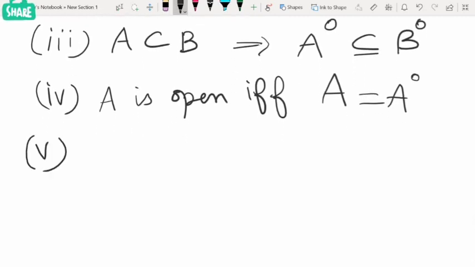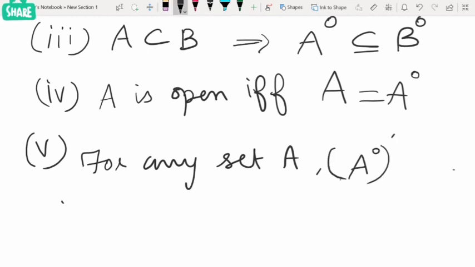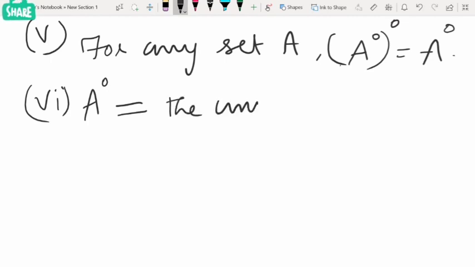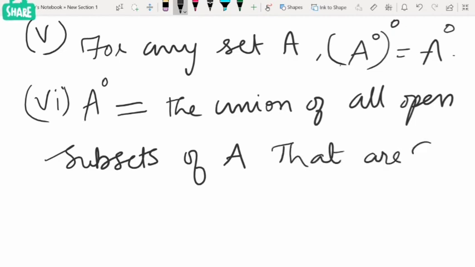Fifth result is, for any set A, the interior of A interior is just A interior. The last result is, A interior is equal to the union of all open subsets of A that are contained in A.